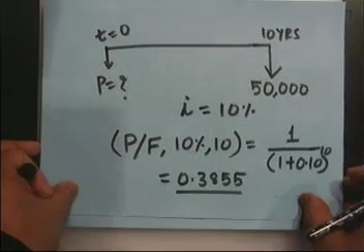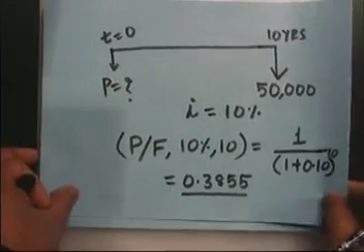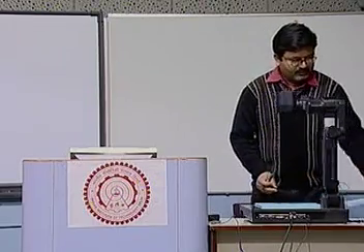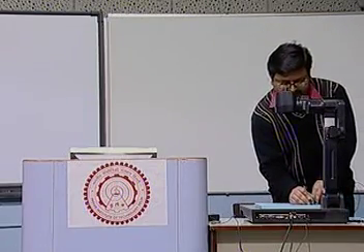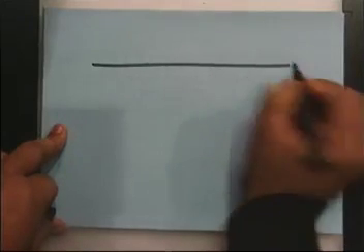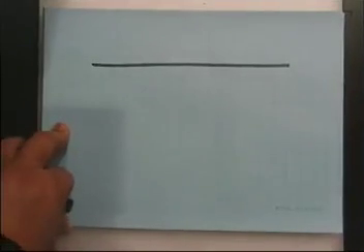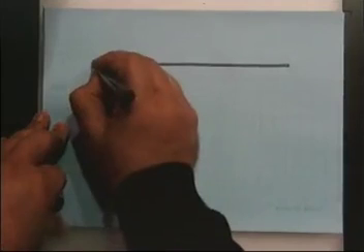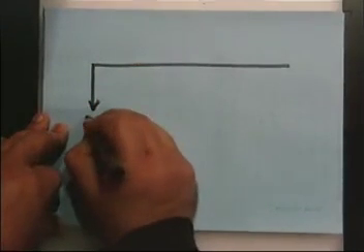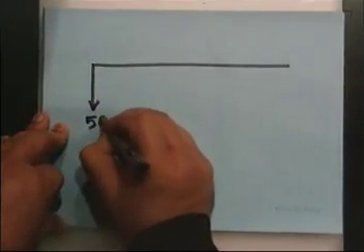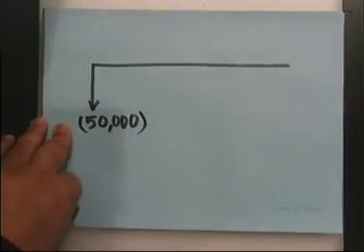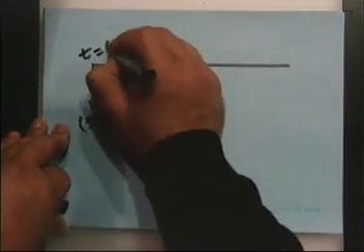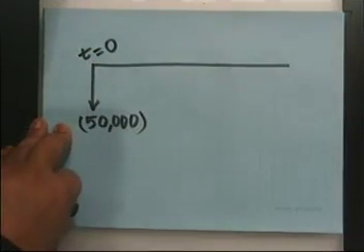Now, on the same question, I will just do some more manipulations and come up with another thing. Now, let us say the situation is like this. I have 50,000 rupees going out of my pocket at t is equal to 0.